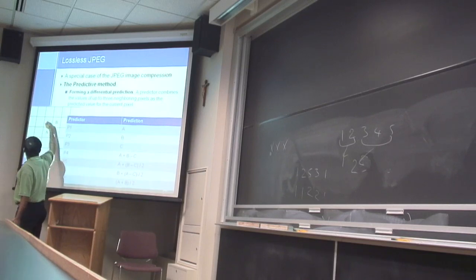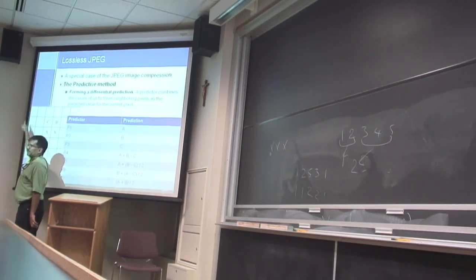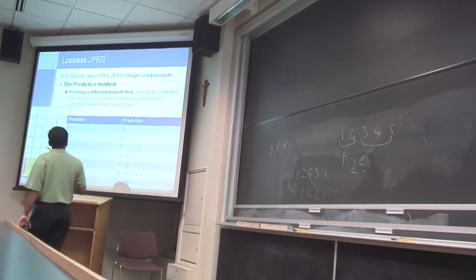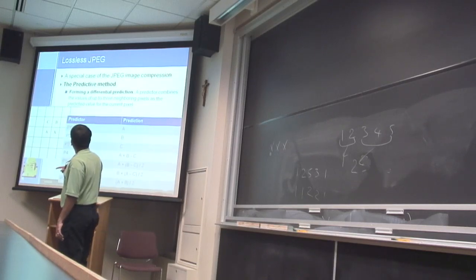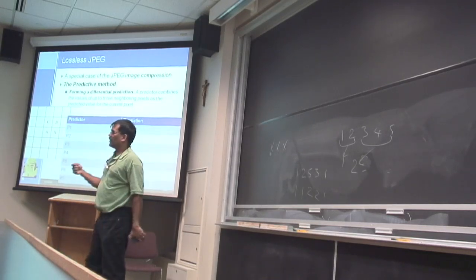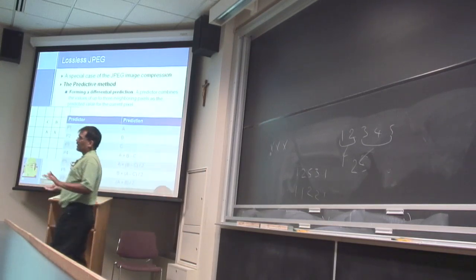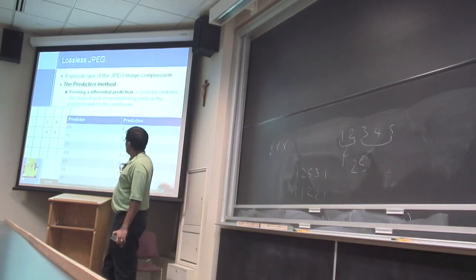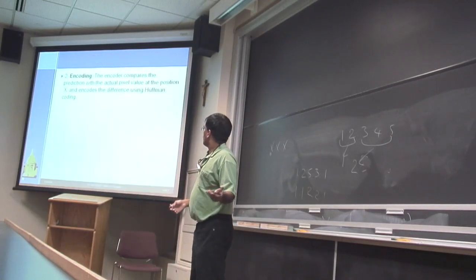So you have to use B, predictor 2, for the first column, and for the first row you have to use the other predictor. There are some restrictions on which predictor you can use because at the edges you don't have enough values. But otherwise, you have these different predictors, and you transmit the difference.